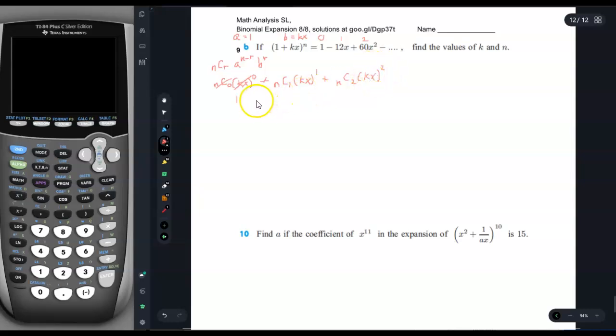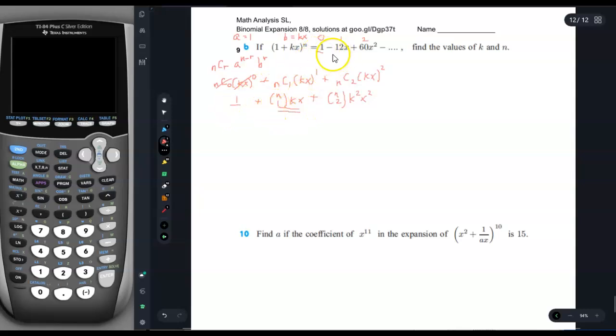Okay, now let's expand this out a little bit. So n choose 1. I'm going to write it the other way because it's a little bit more compact. Times kx plus, and then here I'm going to put n choose 2, and then k squared x squared. Now I'm going to match it up with what's up here. So the 1 matches with the 1.